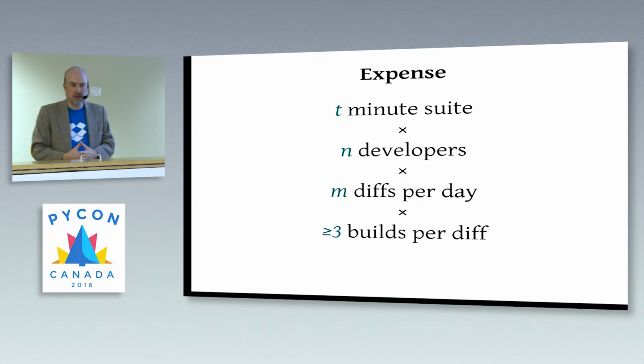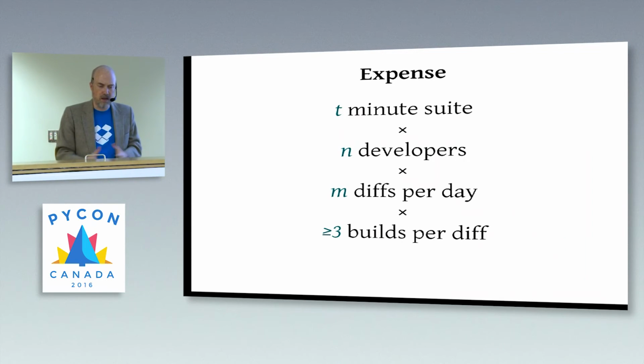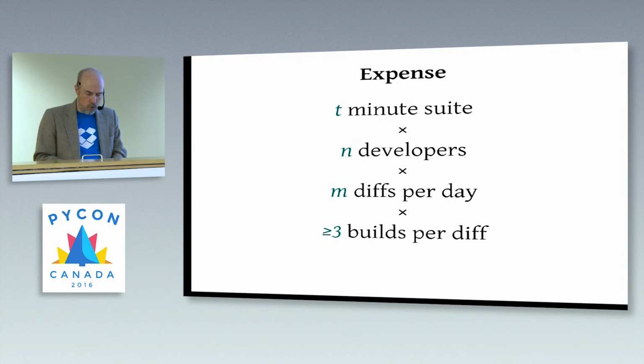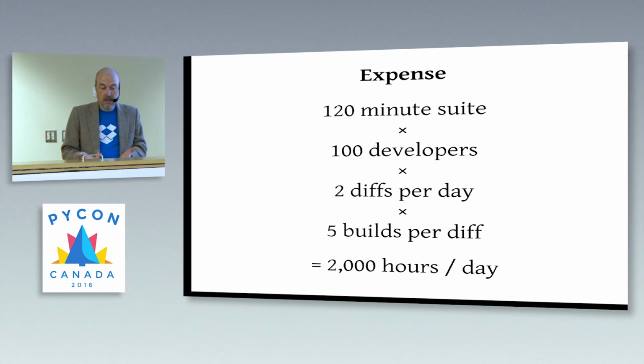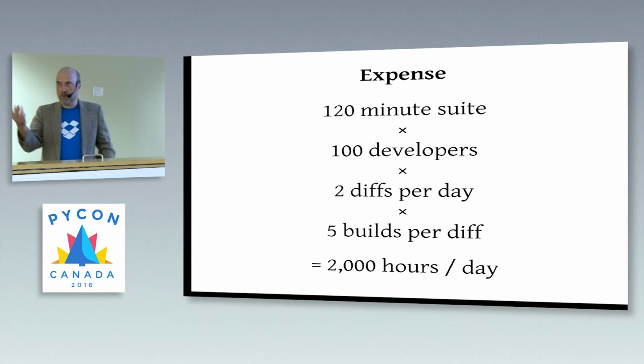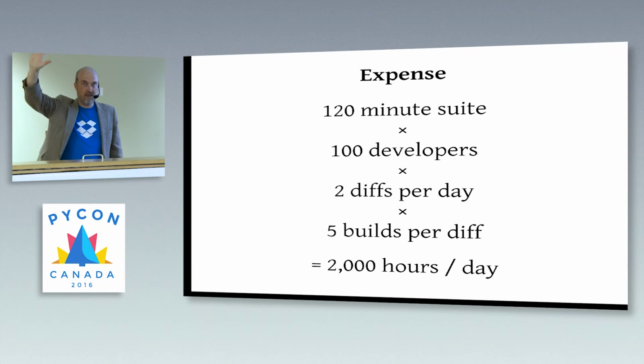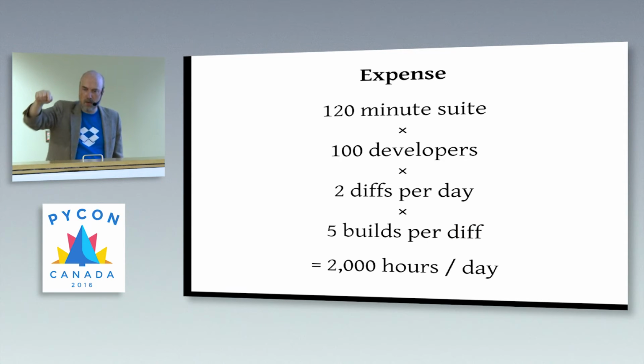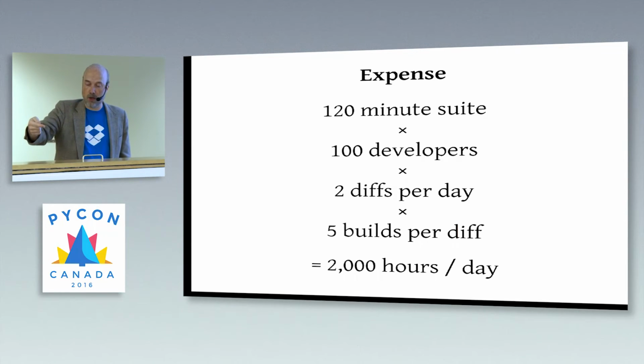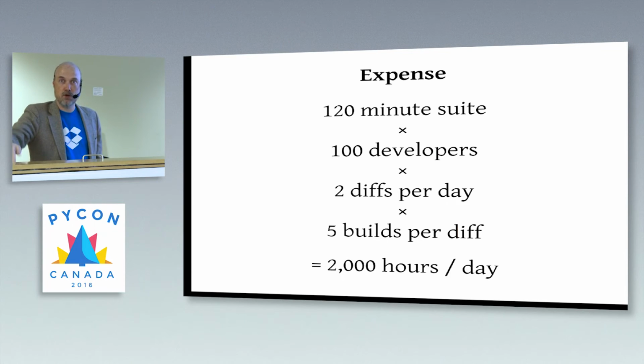Because if you think through the expenses, let's imagine a shop getting pretty big with 100 developers, you can throw into a formula like this some fairly reasonable numbers that with a system like this, remember the commit queue, you need to run each incoming diff 3 times. When you run arc diff and post the patch, the tests all run. When it enters the commit queue after you land, the tests all run. And then after it lands, you run the tests again. It's now too late. It's landed.